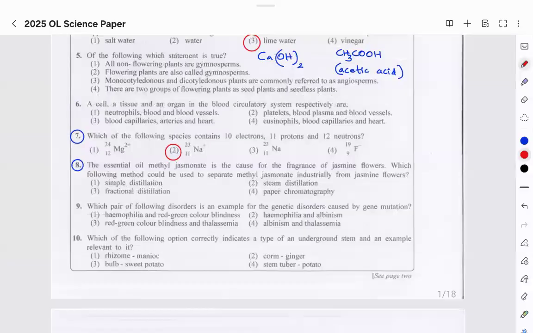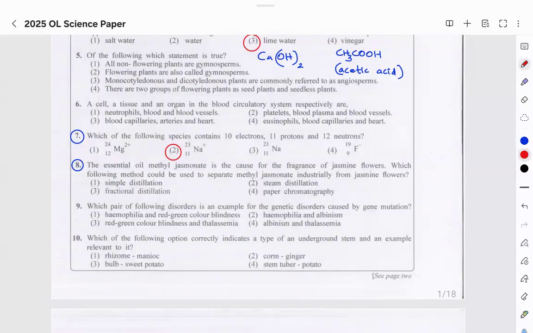This question is related to unit number 3 in grade 11, mixtures.